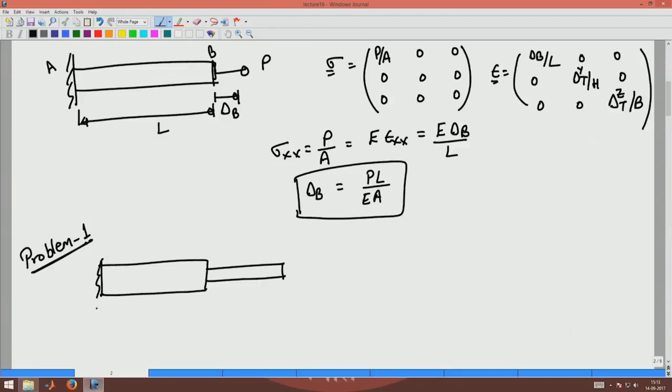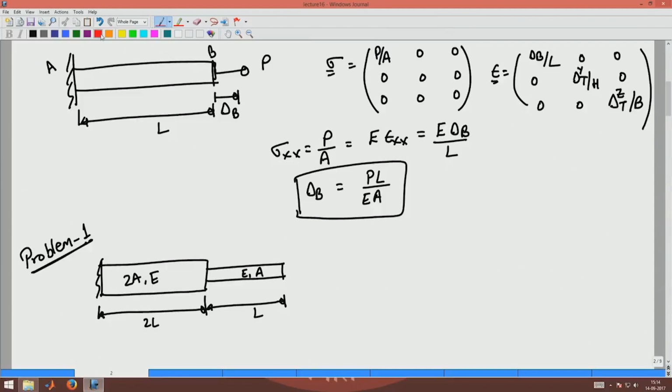This is of length 2L, this is of length L, it has 2A as the area and E is its Young's modulus, and this member has E as the Young's modulus and A as the area.